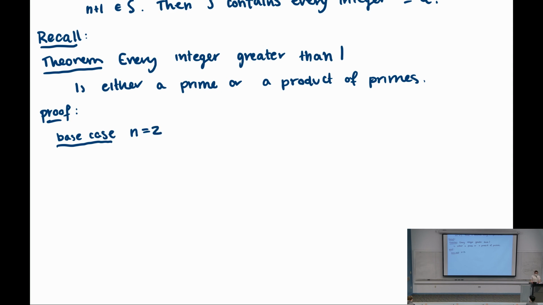Why is this theorem true for n equals 2? Well, 2 is a prime. So it's true that 2 is either a prime or a product of primes. That's our base case. Are there any questions about that so far?